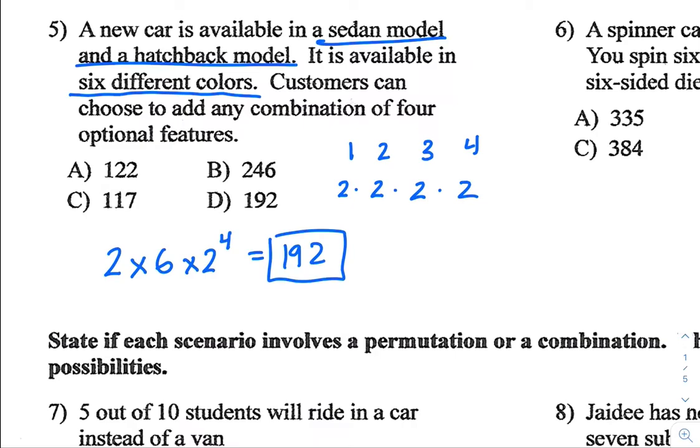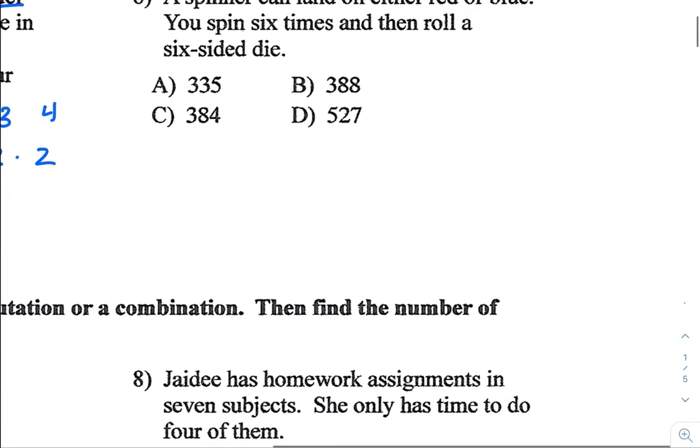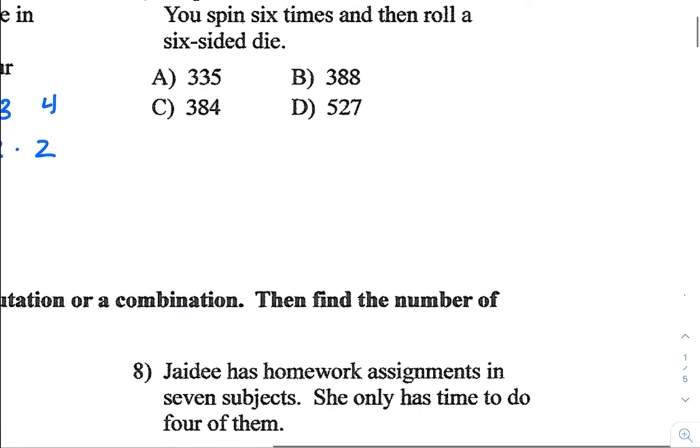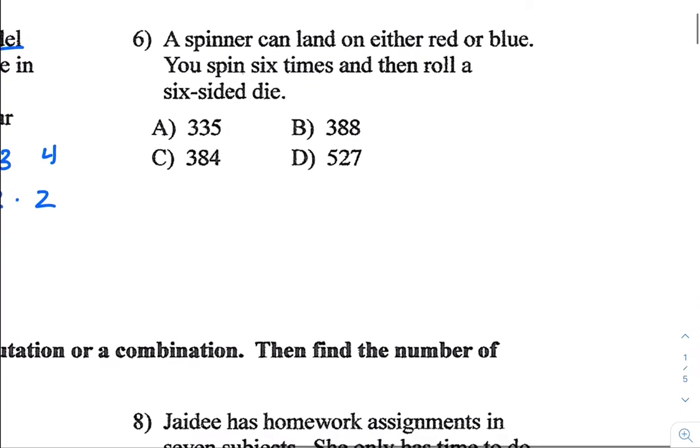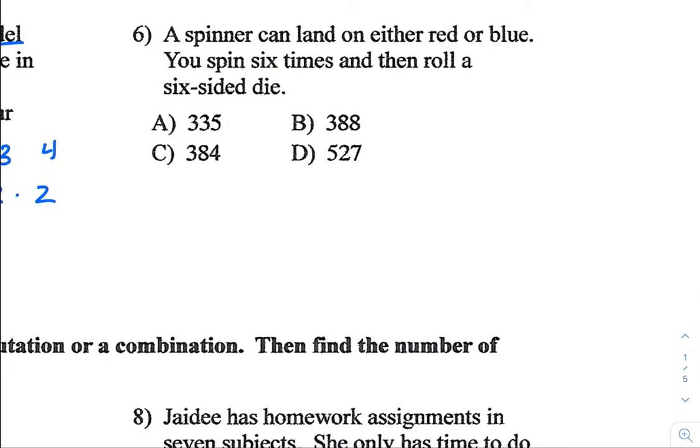All right, number 6. Okay, a spinner can land on either red or blue. You spin 6 times and then roll a 6-sided die. So the spinner, either red or blue, and you spin it 6 times. So that's going to be 2 to the 6. 2 representing that the spinner has 2 colors, the 6 because you spin it 6 times.